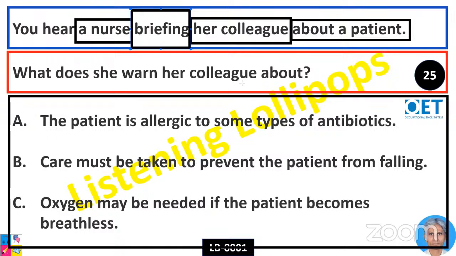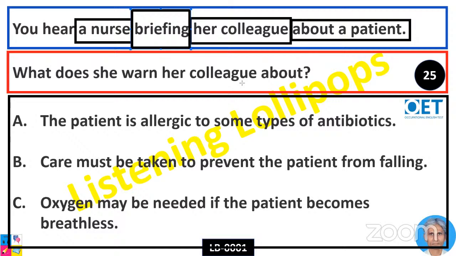That means the listener. Then, about whom is she speaking? About a patient. That means the subject, the person for whom the nurses are responsible.